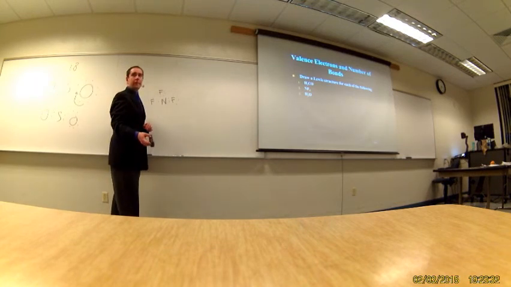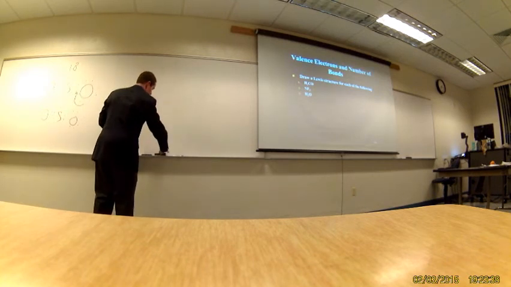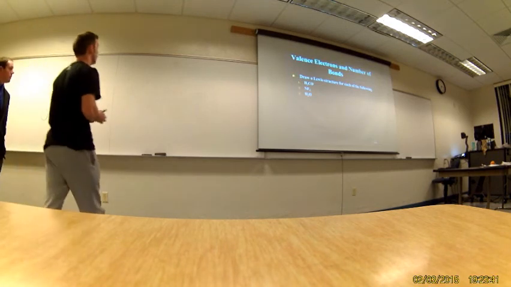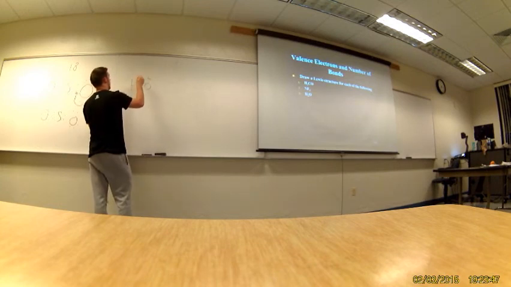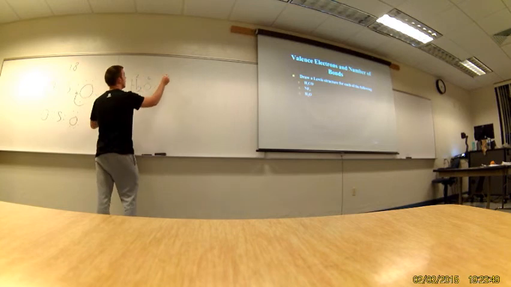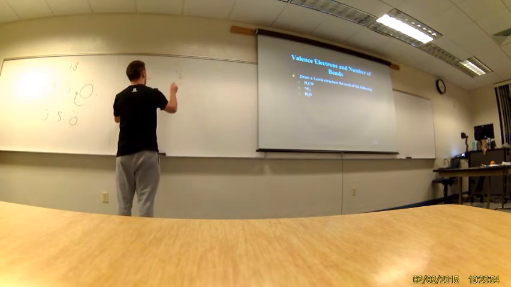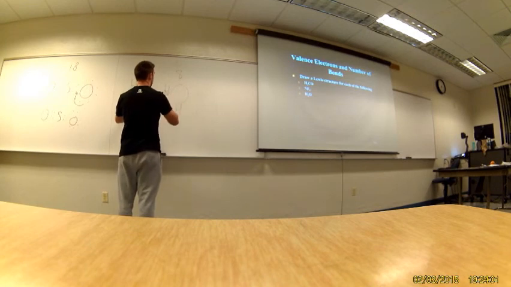H2O. So oxygen brings 6, hydrogen brings 1 each, so that's 2. So you're gonna have 8 total. Oxygen's gonna be in the middle. Hydrogen. So that's 4.